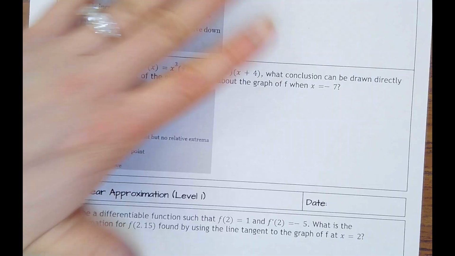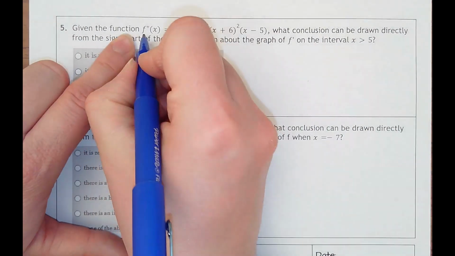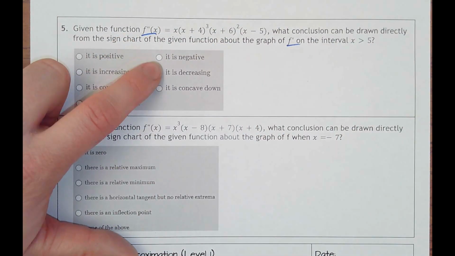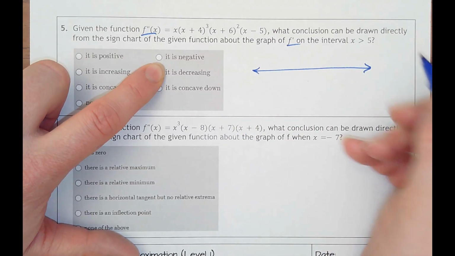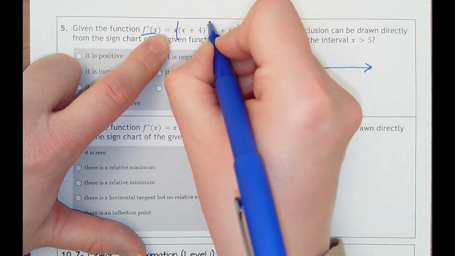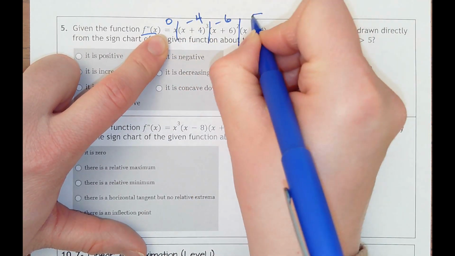There's 2 more problems I want to do with that in mind. So now we've got an f double prime, and we're asked about f prime. Let's make a sign chart. We're going to have 0, -4, -6, and 5.